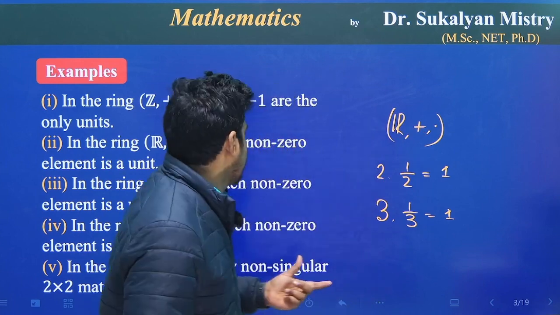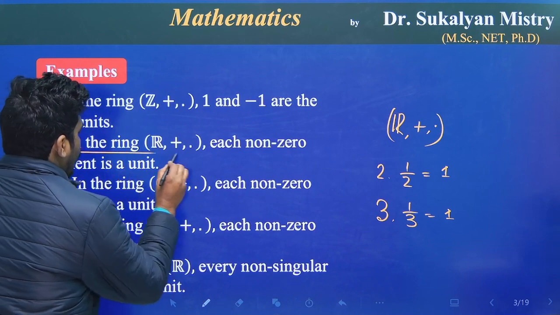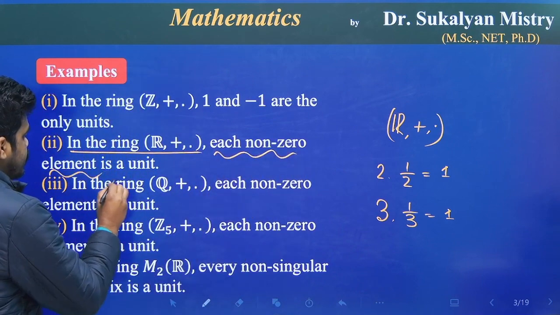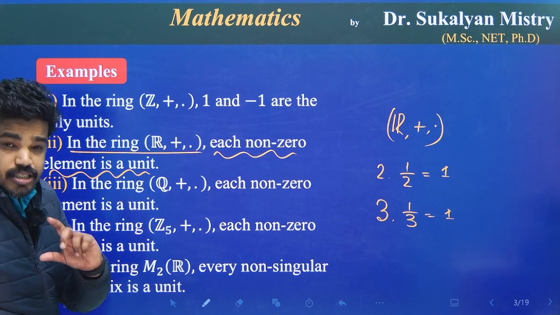Okay, so in the ring R plus comma dot, each non-zero element is a unit.